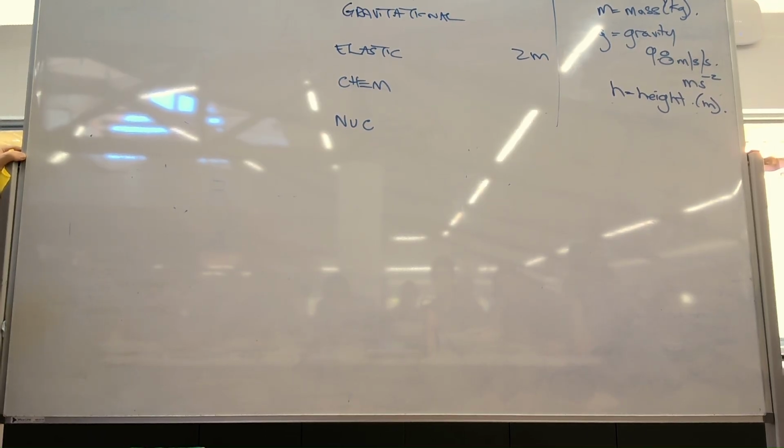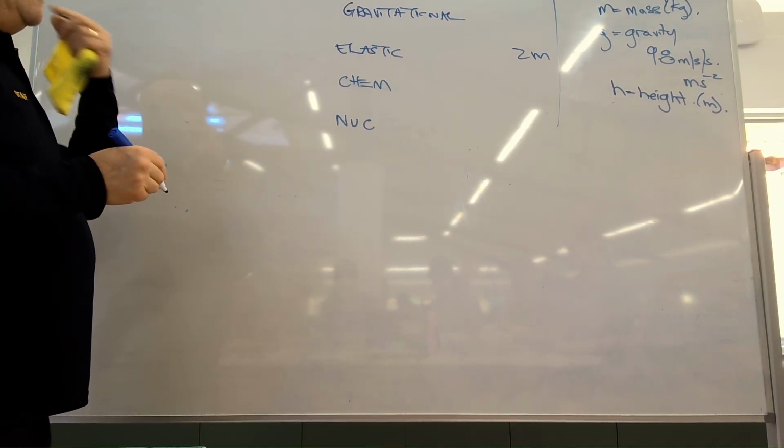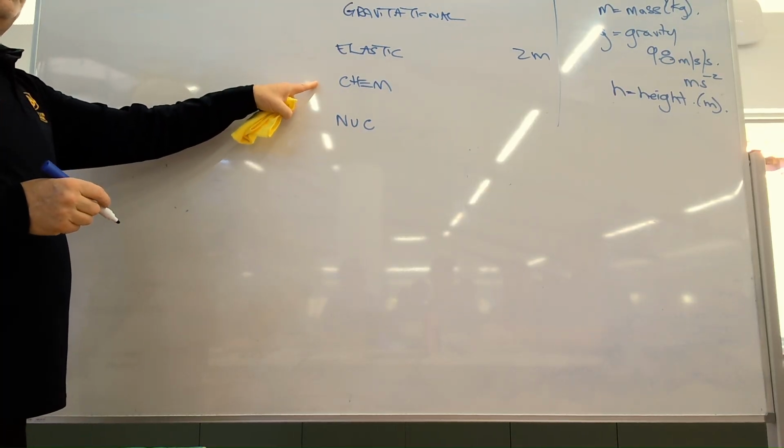Food or batteries are chemical potential. Petrol is a good example too. It's the storage of energy in a chemical bond. A light bulb isn't chemical potential energy.